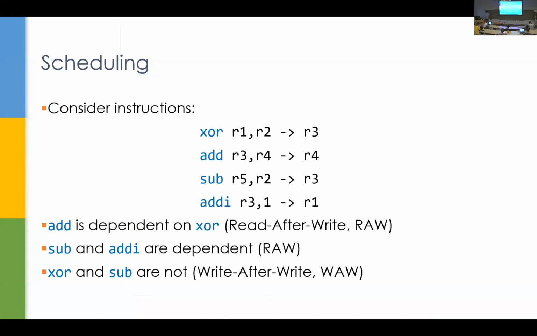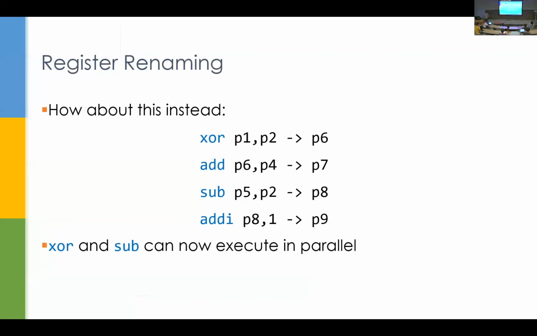So what if we change this a little bit? Okay, you might be thinking, oh, but R3 here, are we getting into a race condition? Okay, but what if we wrote it up like this? Same set of instructions. P1, P2 write to P6, P6 gets read here. Then in subtraction, we write it to P8 and P8 gets read here.